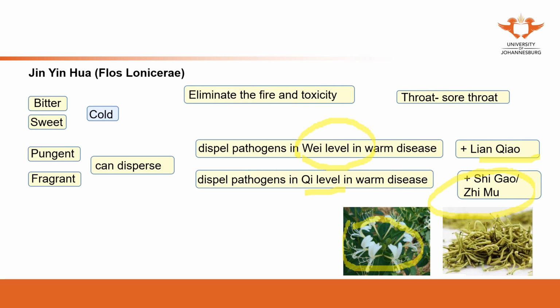As you can see, for the same herb with different functions, we can use different minister herbs to assist it to perform a specific function. It is the same as acupoints. With one acupoint, point A, if you want to perform one function you can add point B. If you want to perform another function, you can use A plus C.